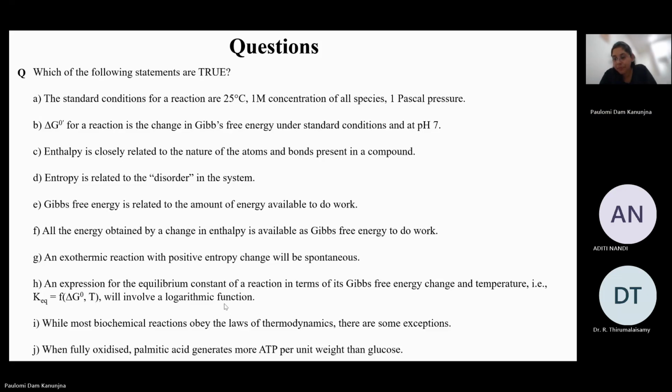So A, B, D, E, G, H, I, J. So whichever you feel is correct. Okay.